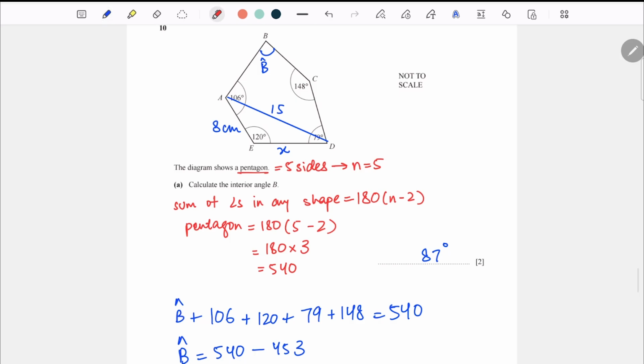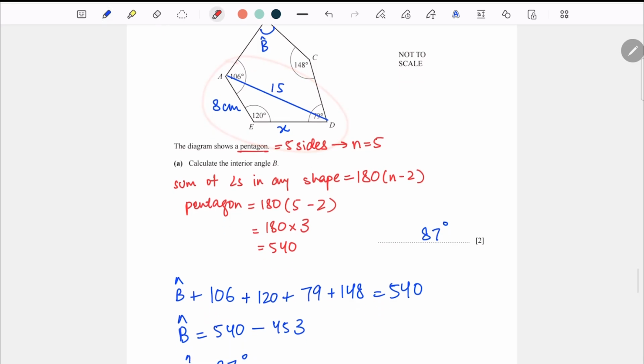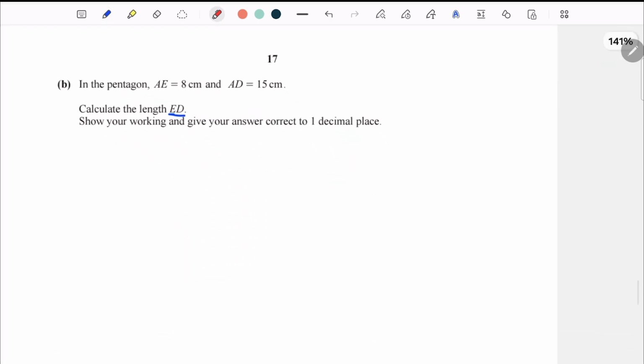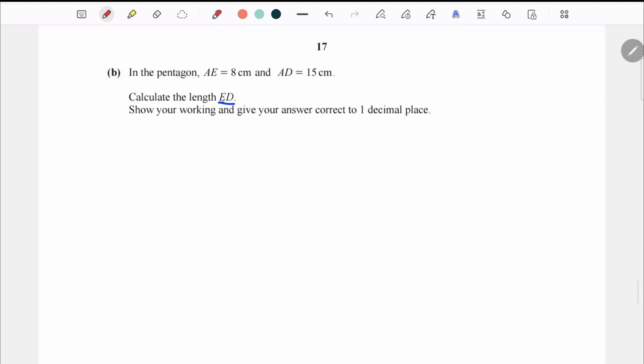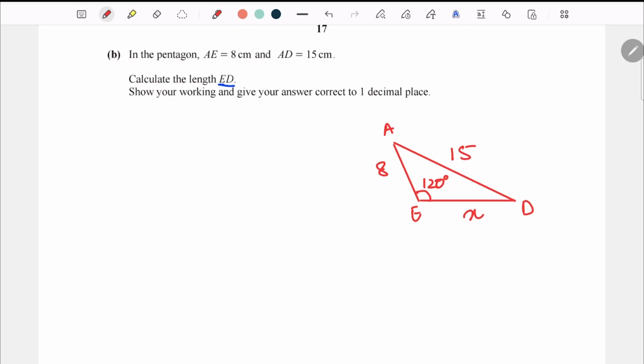So I'm going to draw this triangle down. This side is 15, this is 8, this is X, and the angle is 120 degrees. The sides are A, E, and D.